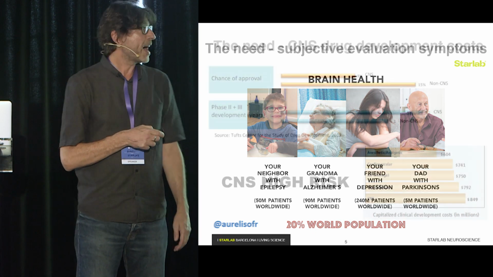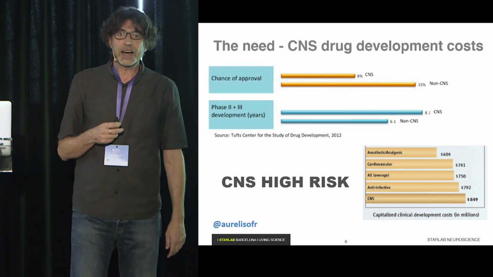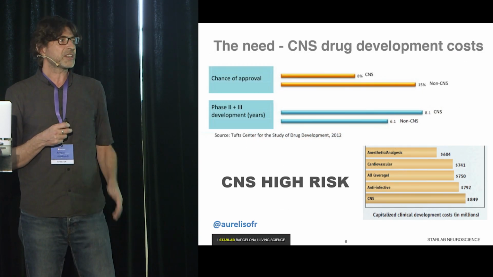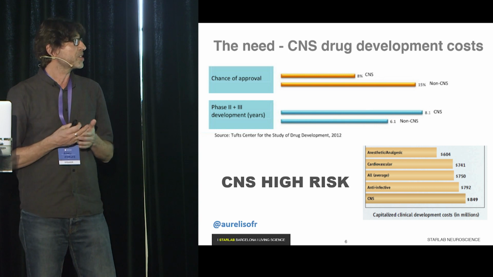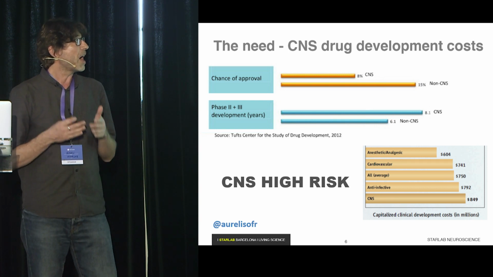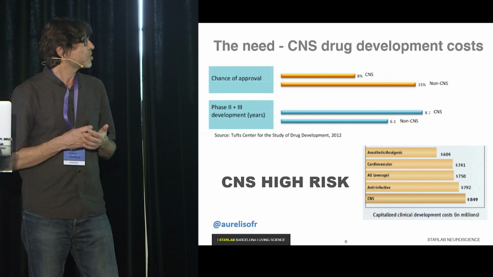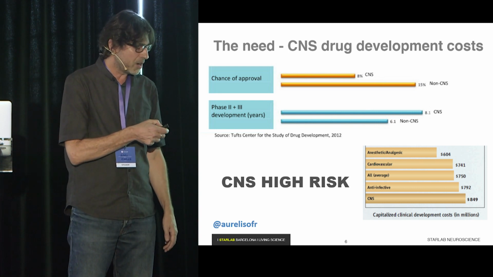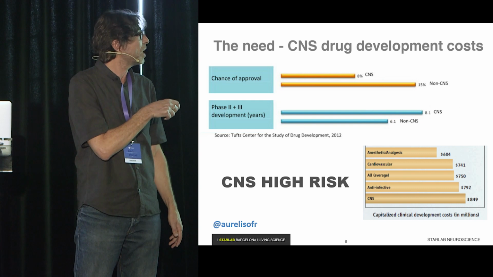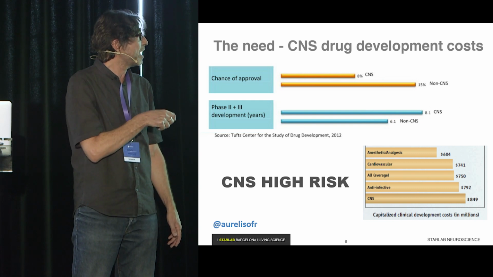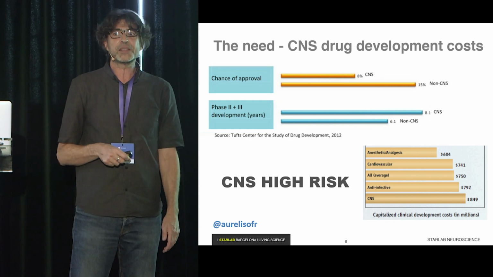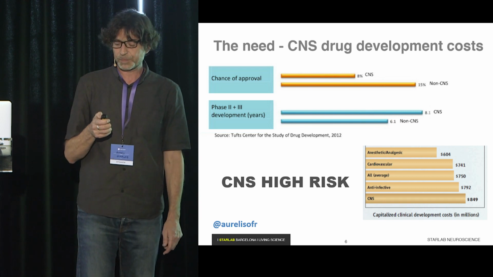Probably because of this fact, the development of drugs for CNS treatments, central nervous system treatments, is the riskiest business in the pharma company. They have the lowest chance of approval at regulatory stages, and they have the longest development years.